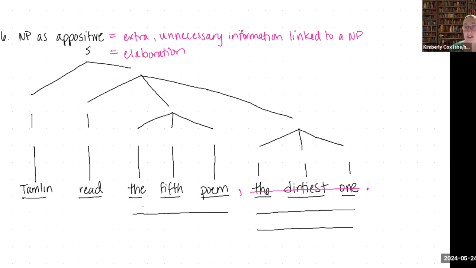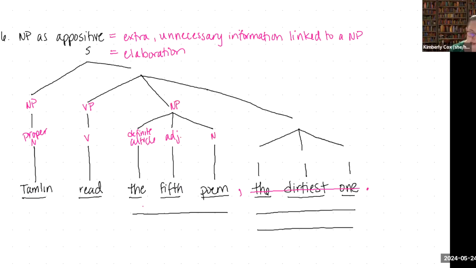So we're going to start once again by doing our forms, and then we're going to go to functions. So Tamlin is a proper noun, which means that what we have here is a noun phrase. Read is a verb, and so we have our verb phrase. The is a definite article. 5th is an adjective. Poem is a noun. So we have another noun phrase.